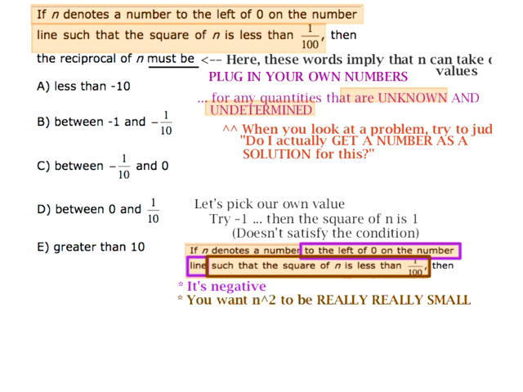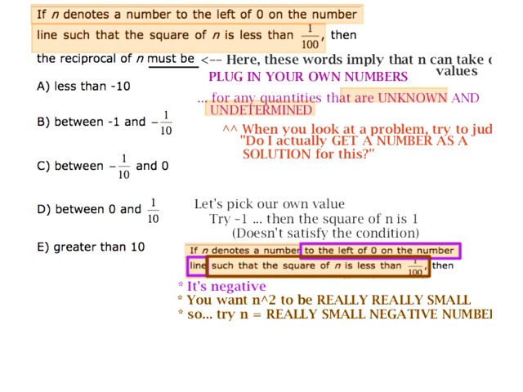So yeah, let's try fractions, right? Let's just try some really small fraction or decimal. You might think about it either way. Let's try n equals a really small negative number.